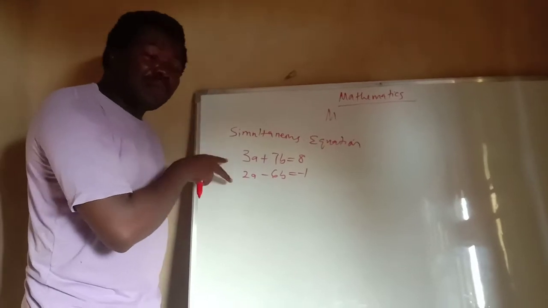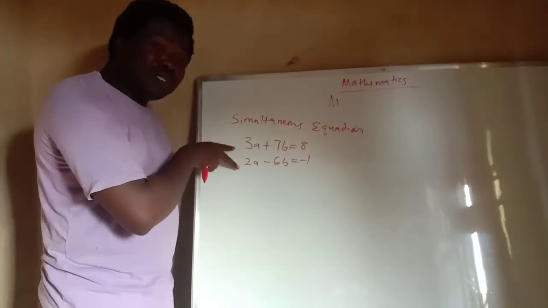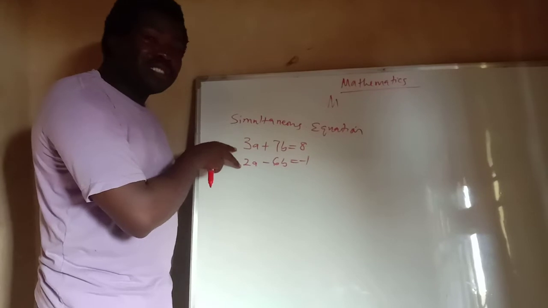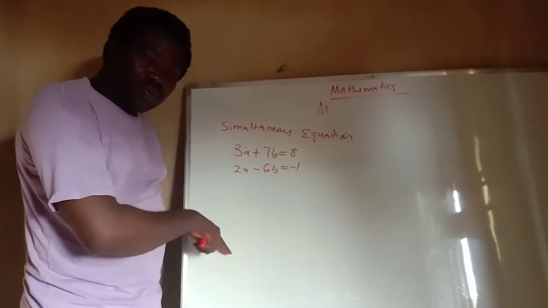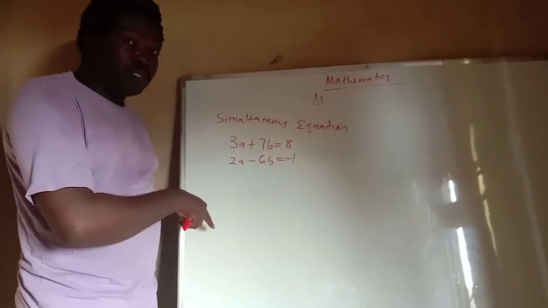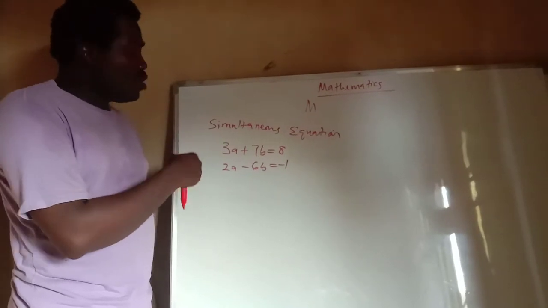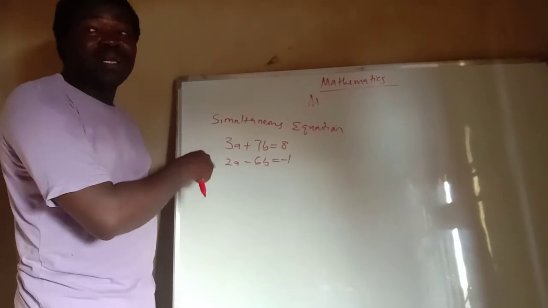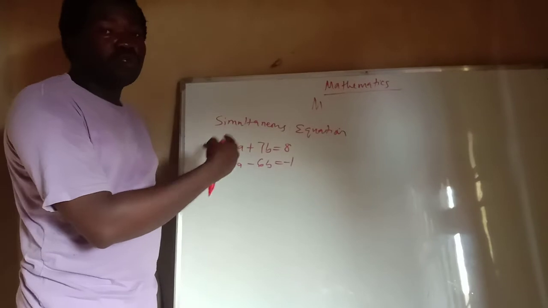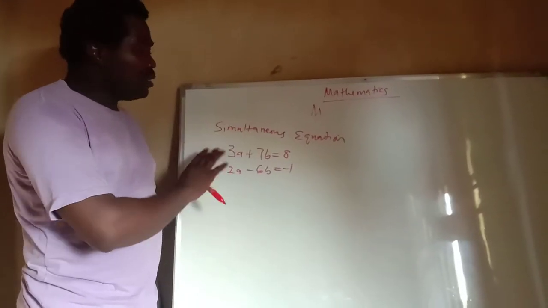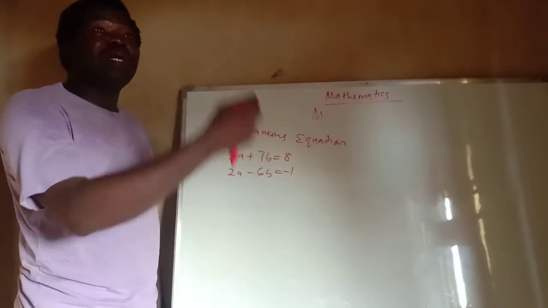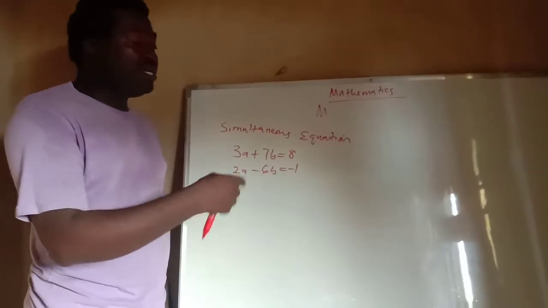So simultaneous equations in most cases are equations that are linear in nature with two unknowns. But occasionally in simultaneous equations, we have what we call one linear, one quadratic. We can also solve for such. But today we are not looking at how to solve them, but how to identify and differentiate them from each other.